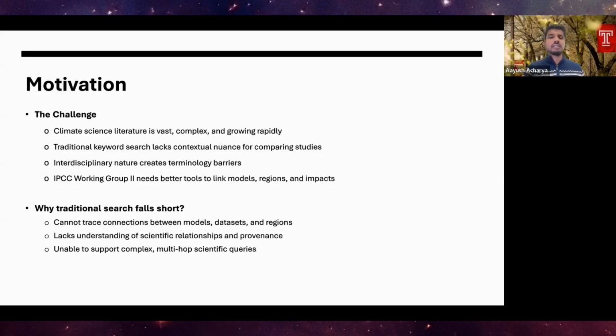But the climate science literature is really underrepresented in current large language models. We can also see that in embedding models, and that's also an experiment that we're working on. Traditional keyword search lacks contextual nuance for comparing studies, and there are a lot of challenges, especially in the climate models.